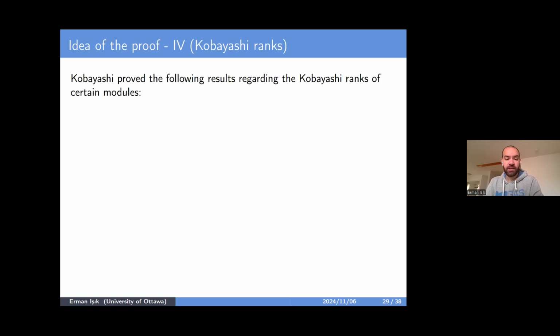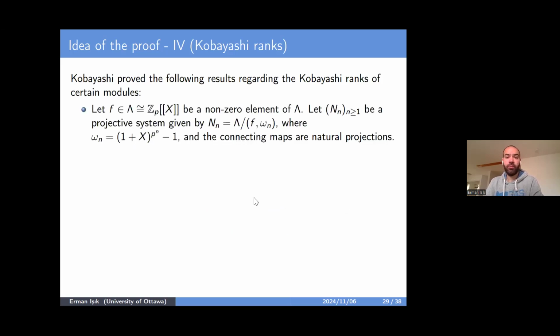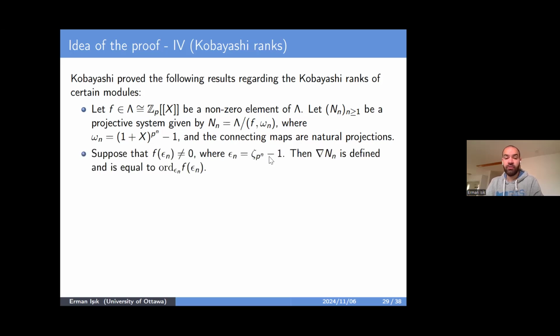So in Kobayashi's case, he obtained the following results. If we have a non-zero element f in the Iwasawa algebra, we can define the projective system by taking this quotient, and it turns out that if f does not vanish at this point, the Kobayashi rank can be given in terms of the order of f at this value, basically.